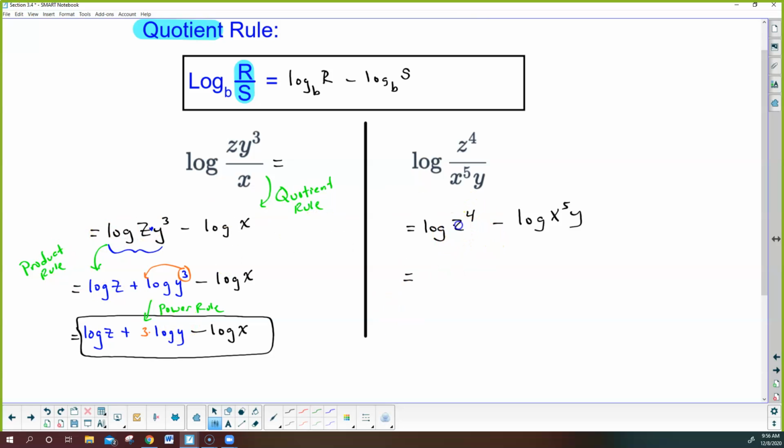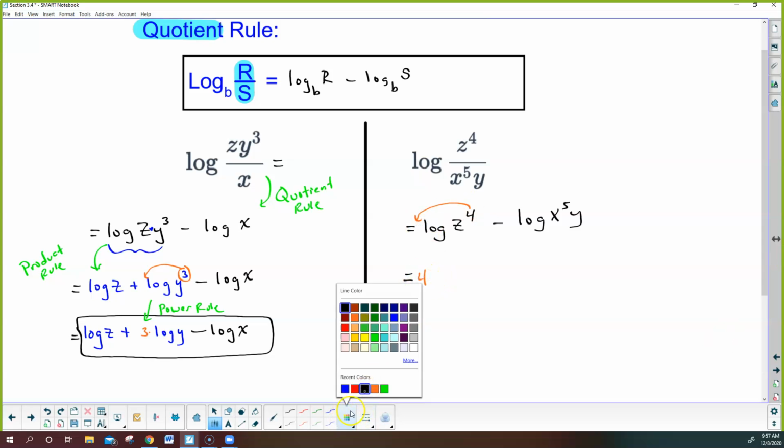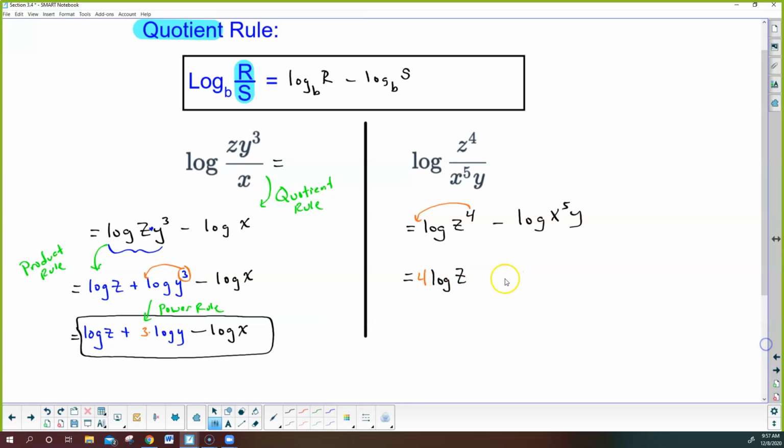But if I deal with this z first, z to the 4th power, well, that 4 is an exponent. It's going to come out in front. And then here's the part you have to be super careful with. Right here. Now I should have done this here, but it doesn't affect the problem.